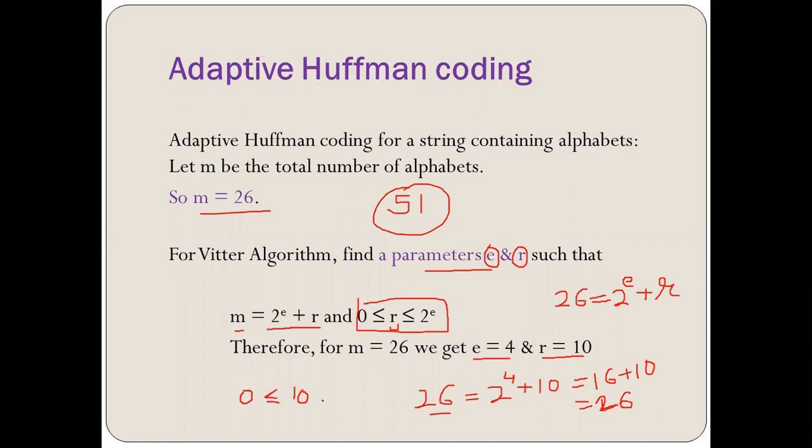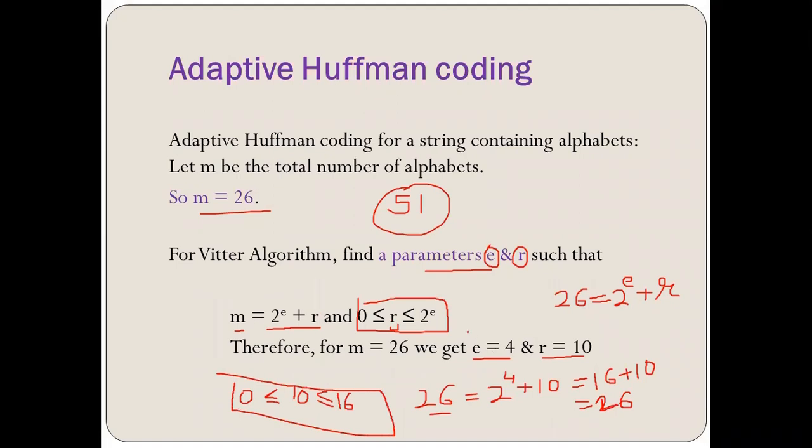So this is true for this condition. If I take E as 3 and R as some other number, let's say R as 11, the condition is not being fulfilled. So this is the final version in which both the conditions are being fulfilled.